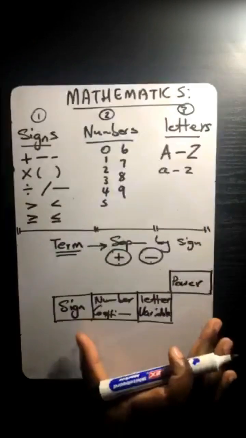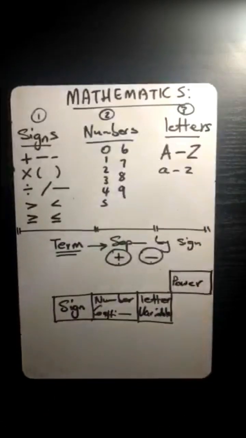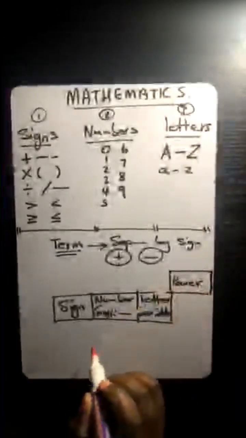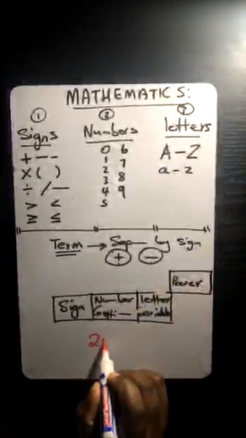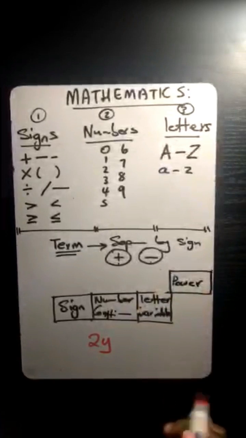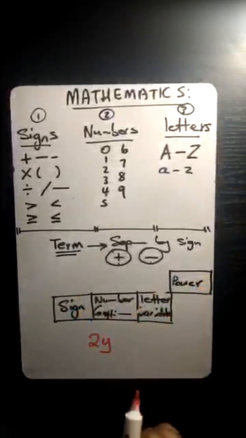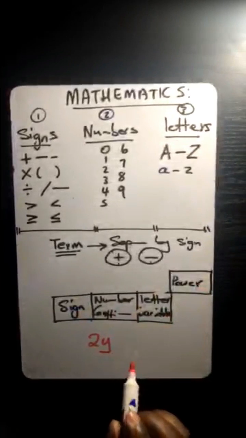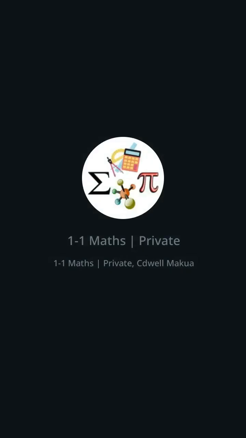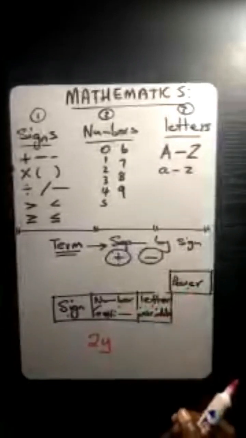So this is the structure of every term. Now let's have a look at a few examples. If you are having, let's say, 2y, I can tell you now that we do have a sign, a number or a coefficient, a letter or a variable, and a power.